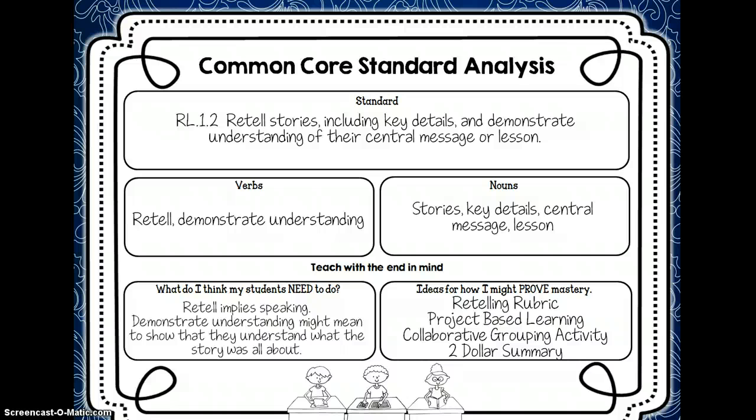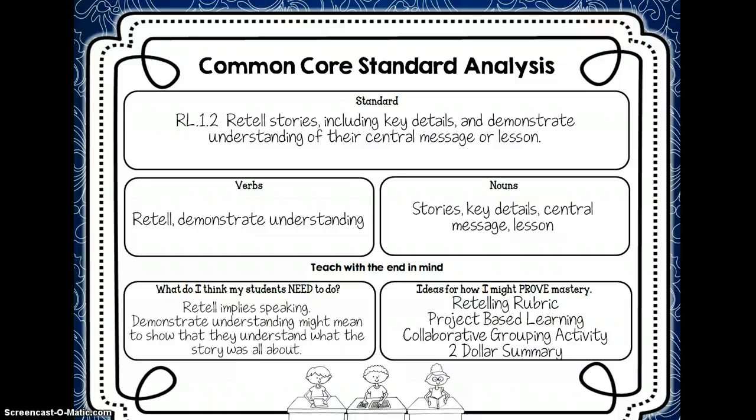I might do some project-based learning, get my kids into groups of 4, have them look through a picture book, and then they all maybe make me a collaborative collage about the story, and then they talk about their collage. I might do a collaborative grouping activity where I put picture tiles that have parts of the story on them, and have the students put them in order.